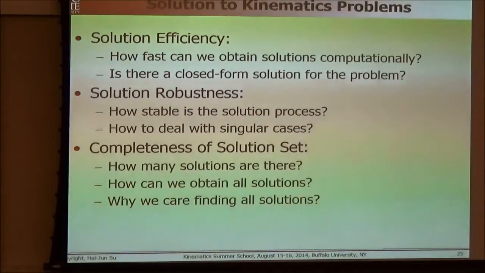Now we worry about how fast we can find a solution. We also worry about how stable, or how robust, the solution process is. Does it deal with singular cases? And we worry about how many solutions there are in this polynomial system, and whether we can obtain all of them. Why do we care about finding all solutions?